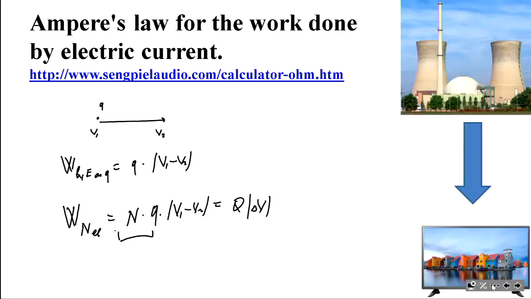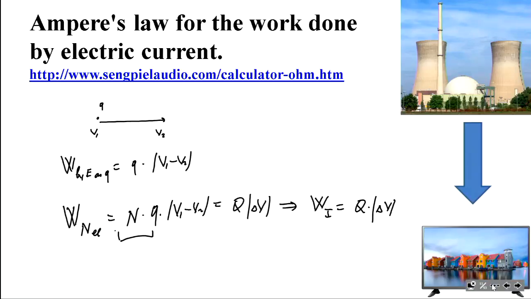Now, if the work done on electrons from atoms is not zero, that means the work done on atoms from electrons also is not zero, same magnitude, opposite sign. So this basically tells us, again, if we want to calculate the work done by electric current, we just have to do this. It's the same amount of work. Of course, we neglect any possible energy loss.